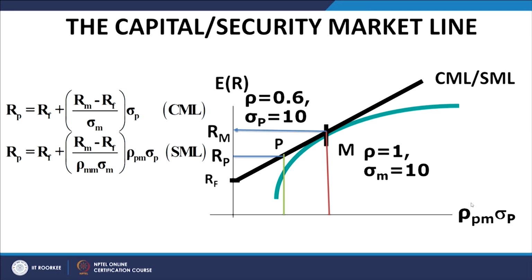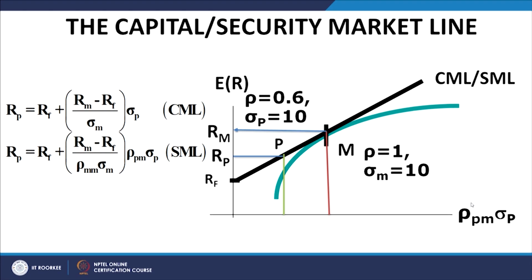Therefore, you can represent both the lines on the same space, provided you rescale the measure of risk as rho sigma instead of sigma or beta. So, if you are using rho sigma as a measure of risk, then you can plot the capital market line and the security market line on the same graph.